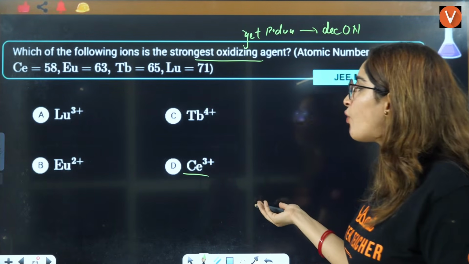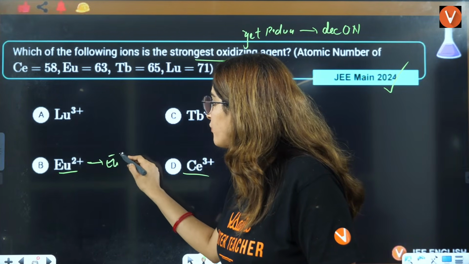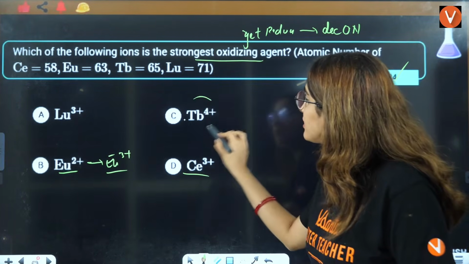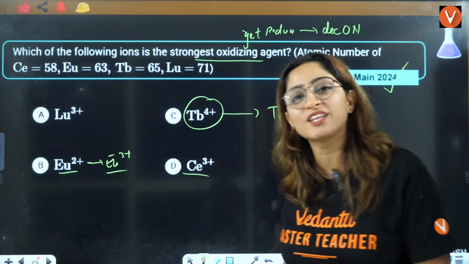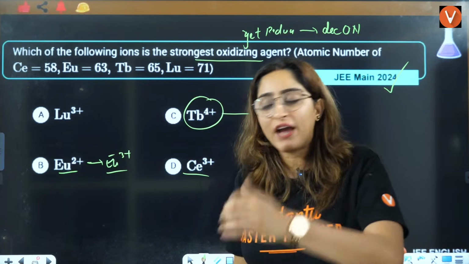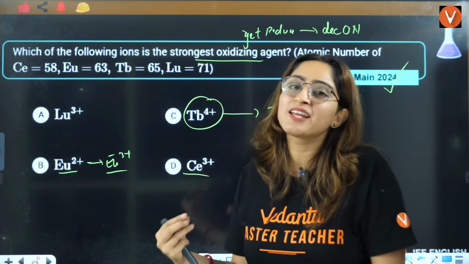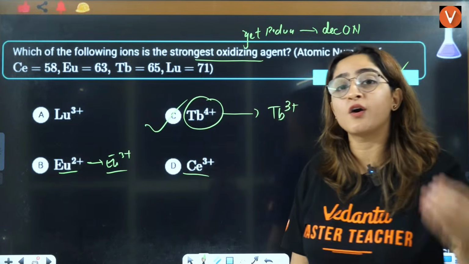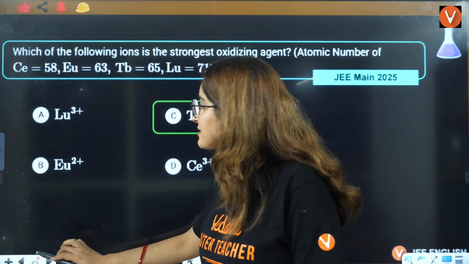See, why would it want to decrease? This one would want to increase oxidation number and get converted to europium 3 positive. This would want to decrease the oxidation number because all the lanthanoids, whether they are more stable in +2 or +4, want to be in a +3 oxidation state, because that is the stable configuration of lanthanoids, right? So C is the correct answer.